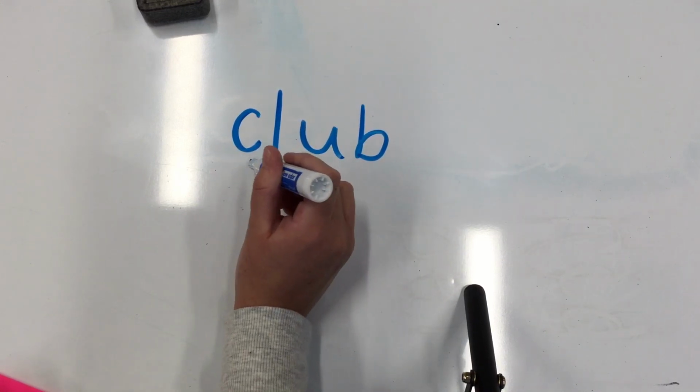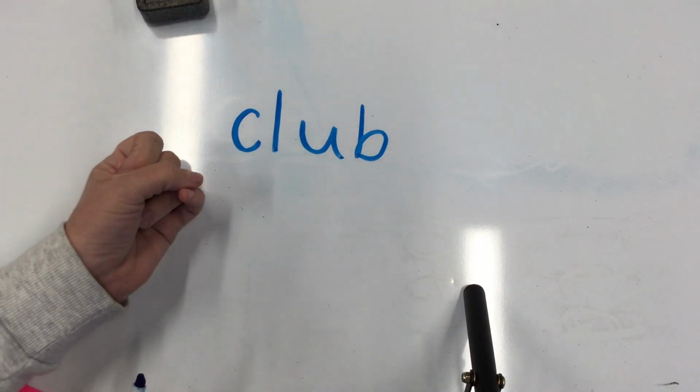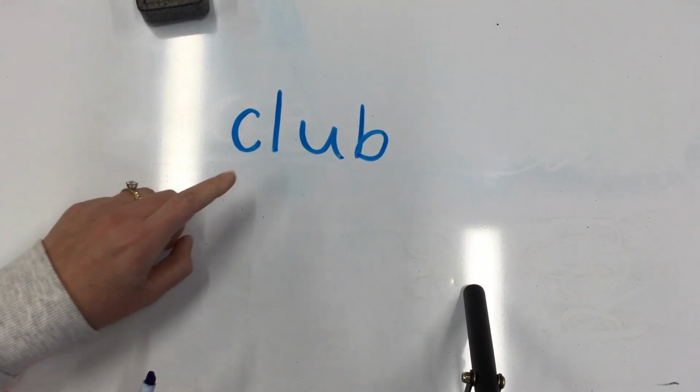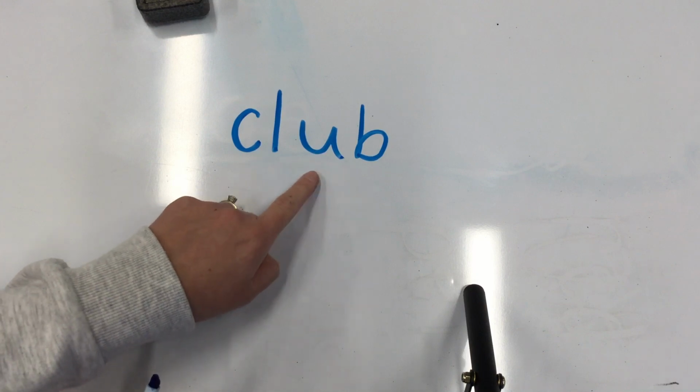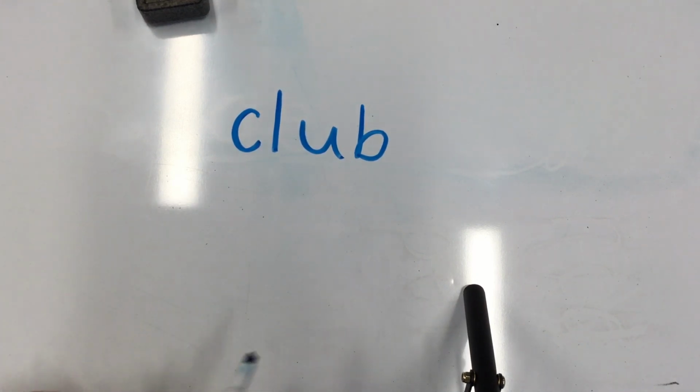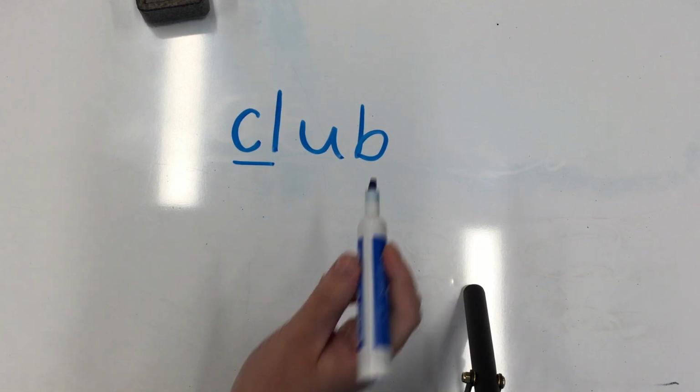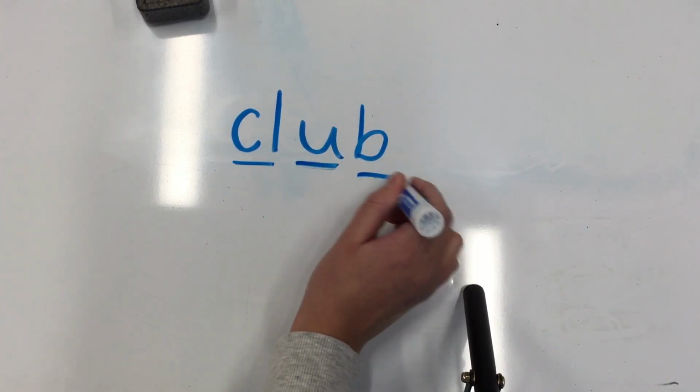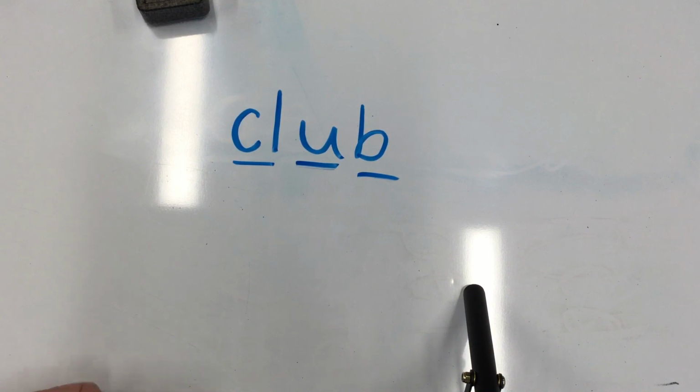When you break apart this word, you can hear each individual sound, k, l, b. But whenever you read it, you blend these two letters fast together. So we say club, club. Okay? So we're blending those together.